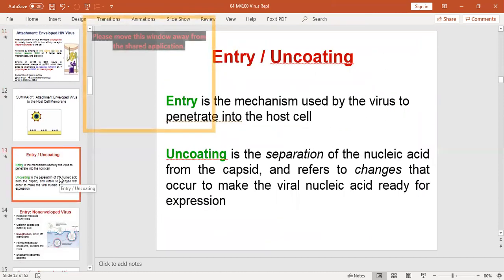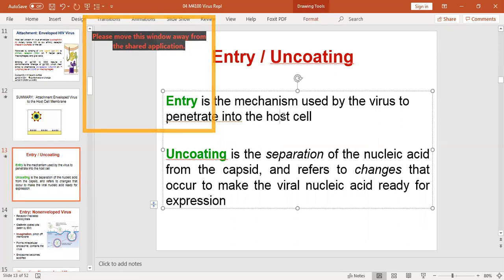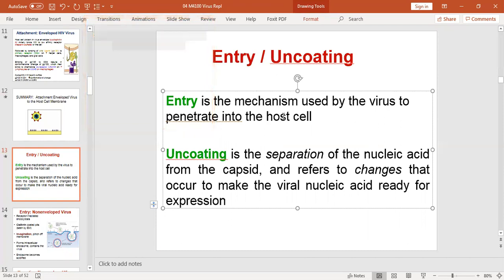Slide number 13, entry and uncoating. Entry is the mechanism that is being used by the virus in order to penetrate into the host cell. That's called penetration. It is the mechanism used by the virus to gain entry into the host cell.